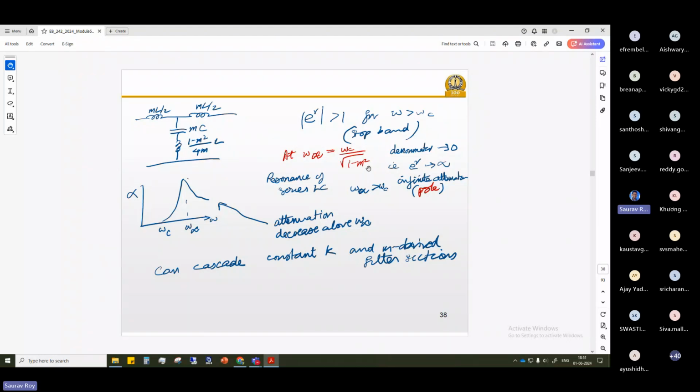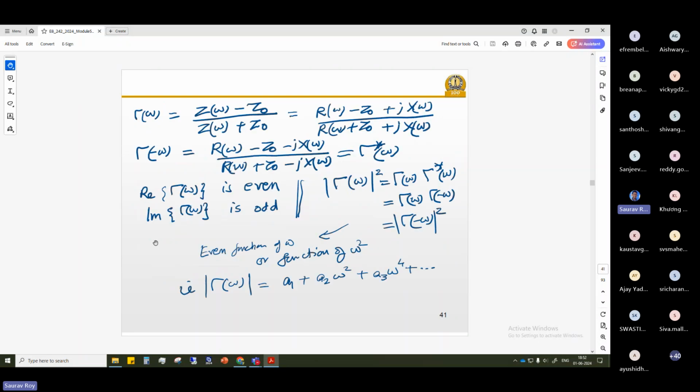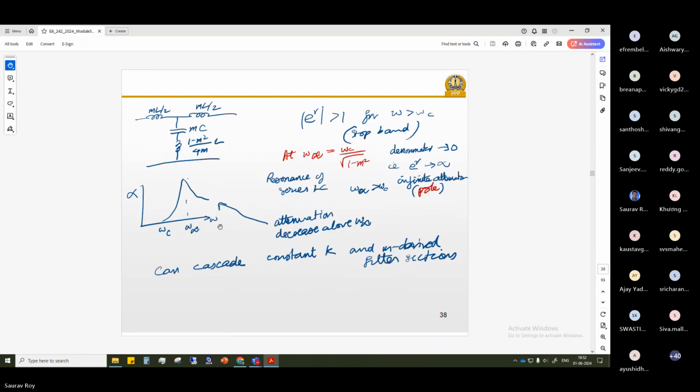So that means omega infinite is greater than omega c, where the alpha response goes to infinite. It is very close to infinite. So you can create an extra pole here by putting this additional element in the shunt, because of which at omega infinite you have an additional pole.